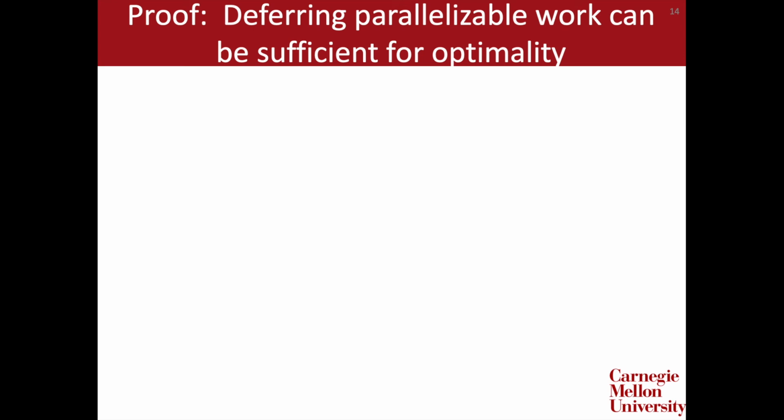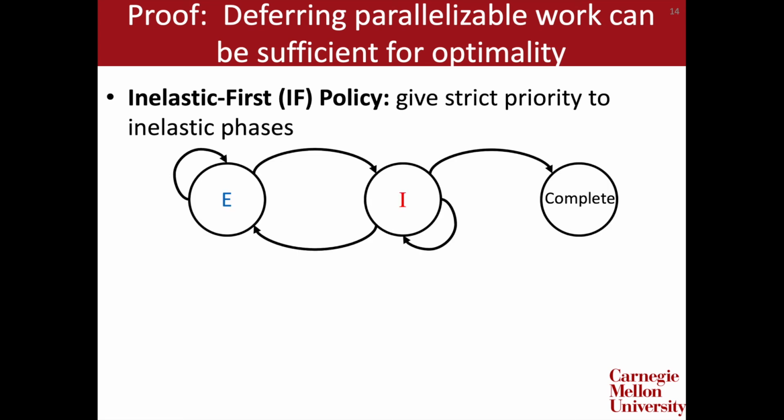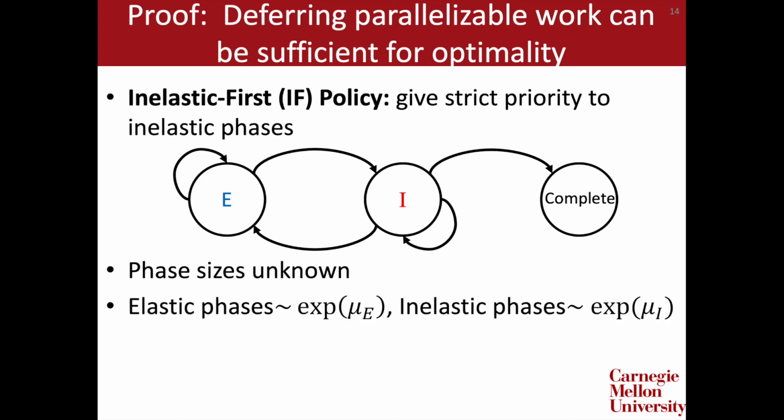Without getting into the details of the proof, we define a policy called Inelastic First, or IF, which gives strict priority to jobs which are in inelastic phases at every moment in time. We then assume that jobs evolve according to some underlying Markov chain like what we saw earlier. Specifically, we assume that phase sizes are unknown and exponentially distributed.